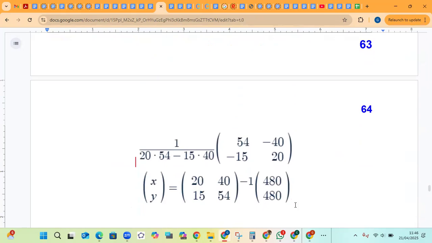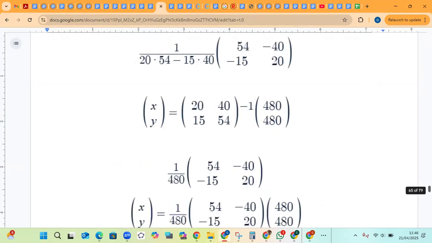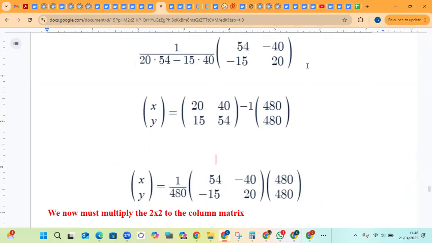Okay, right. So here we have determined the inverse of the 2 by 2. After this, the inverse has to be multiplied. So here's the inverse, simplified.